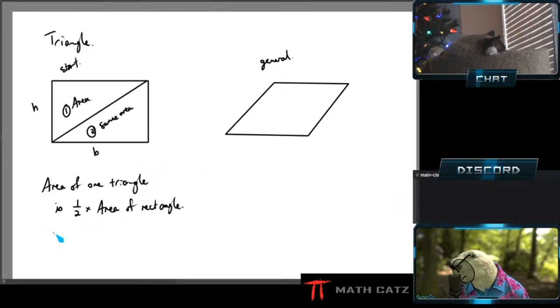In any case, we get 1/2 times base times height. Dots, use time symbols, whatever, right? So the area of a triangle, 1/2 times base times height. Right here, 1/2 BH.